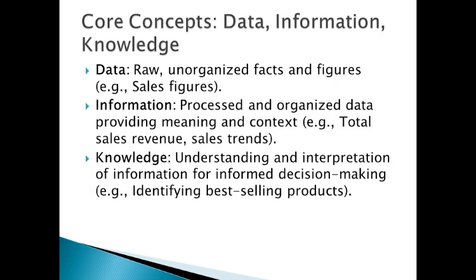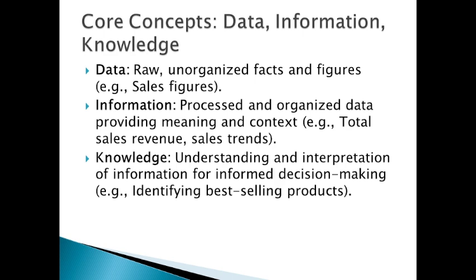We have the data, information, as well as knowledge. Now, the data includes raw, that is, unorganized facts and figures. Information refers to data that has been processed and organized in order to provide meaning and context.